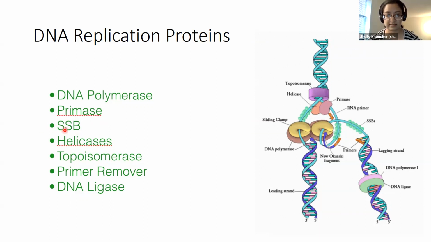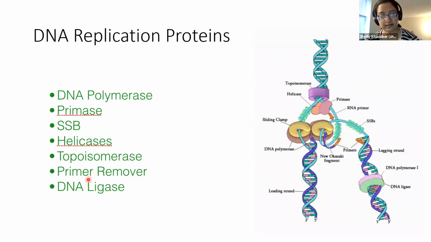Here, we're just going to refer to it as SSB. Next is helicase, which is represented here. Helicases function to separate the two DNA strands. This will create tension, which then needs to be relieved. So the enzyme that deals with the tension is called topoisomerase, and that controls the twisting of the DNA so that it is able to separate.